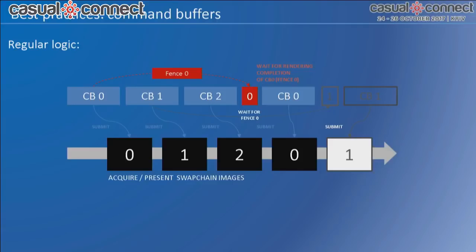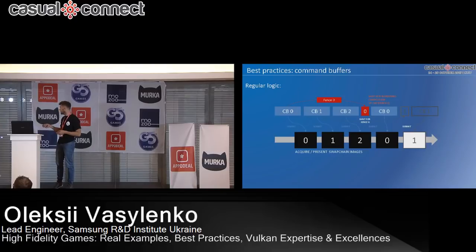So the regular logic may be that for each back buffer we use its own command buffer, and when we go back to the same frame buffer, we just reuse that command buffer, as you can see here.